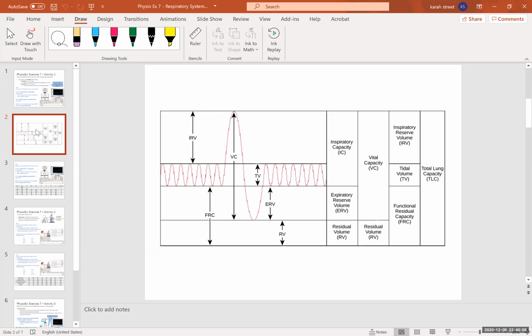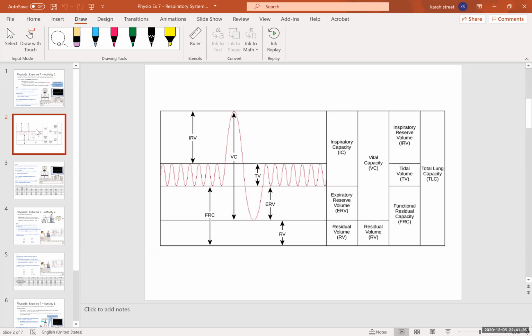The 4 capacities are total lung capacity, which is the maximum amount of air in your lungs after a maximum inhale. TLC equals tidal volume plus inspiratory reserve volume plus expiratory reserve volume plus residual volume. Typically, this is about 5 to 6 liters of air, depending on if you're female or male.